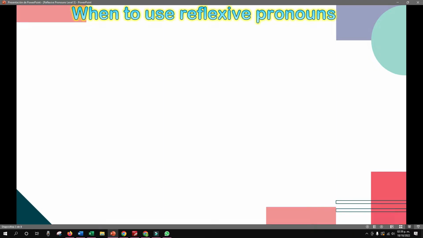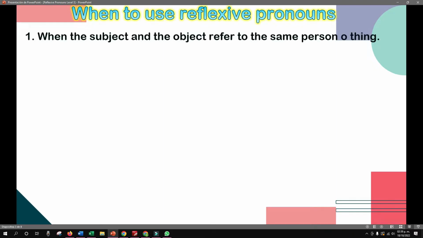When to use reflexive pronouns. First, when the subject and the object refer to the same person or thing. Cuando el sujeto y el objeto de la oración se refieren a la misma persona o a la misma cosa, vamos a utilizar un pronombre reflexivo.